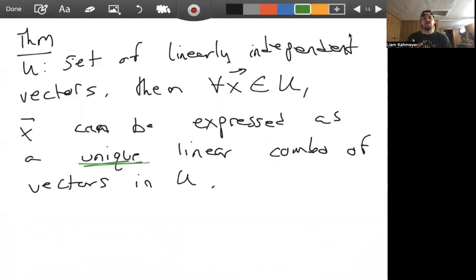If you have a set of linearly independent vectors, every vector in the span has a unique representation. That's exactly what this theorem is saying.